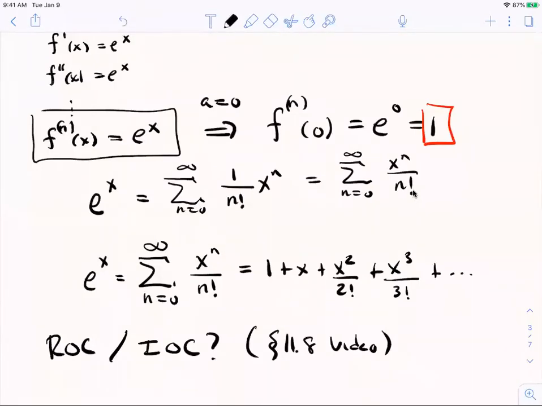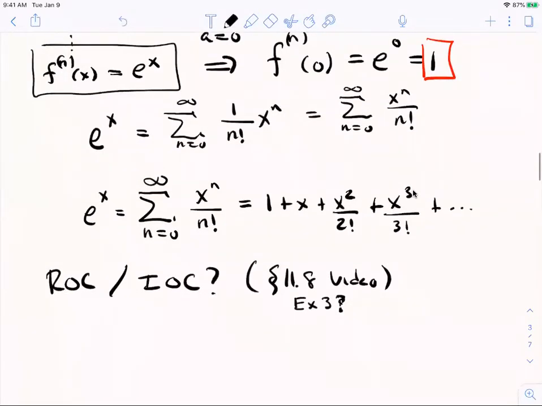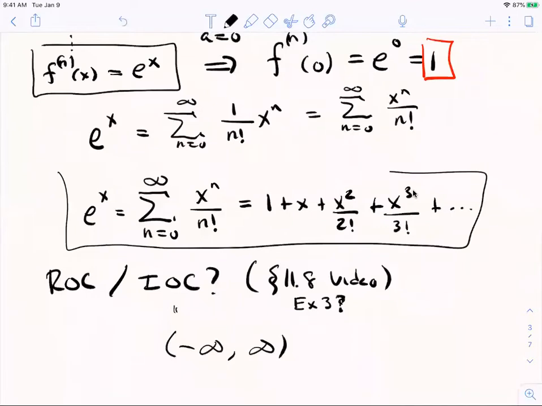I believe it was example 3. I hope I'm not wrong about that, but this exact series was the example there. And we found that the interval of convergence for this series was minus infinity to infinity. All right. So this Maclaurin series converges to e to the x for every value of x.